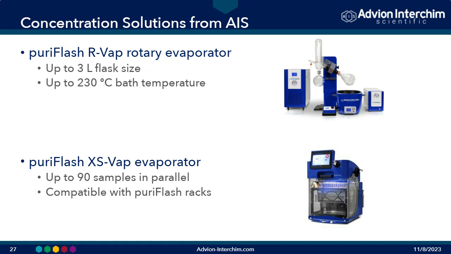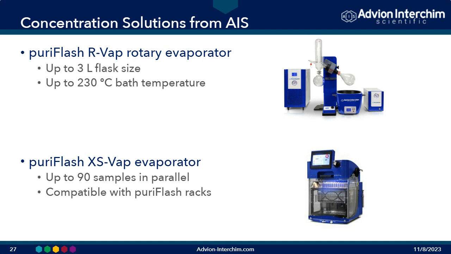Okay. And then after you have finished your purification, you have a couple options from AIS to concentrate your solutions. So we now offer the RVAP, which is a rotary evaporator. It can accommodate flask sizes of up to 3 liters and has a temperature bath from ambient temperature all the way up to 230 degrees C. And then our XS-VAP is a nitrogen evaporator.